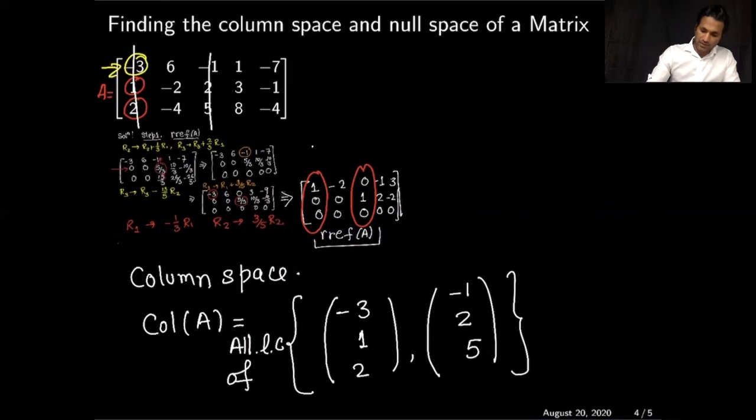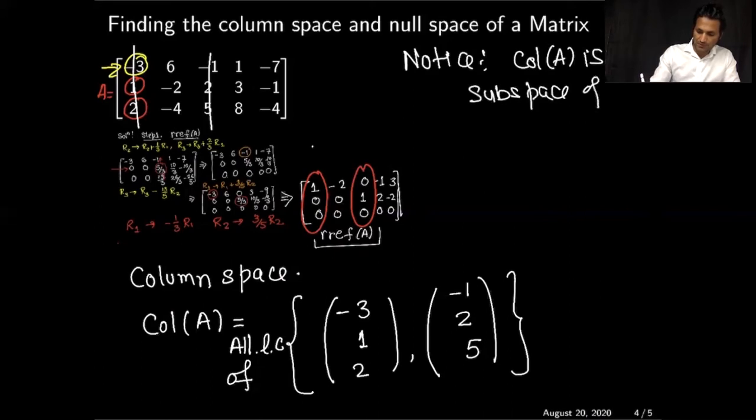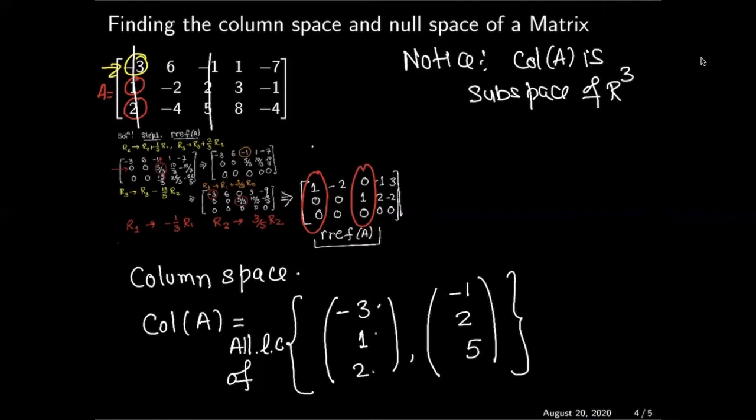So notice one thing, the column space of A is a subspace of R3, because there are three components, 1, 2, 3. So the column space is a subspace of R3.